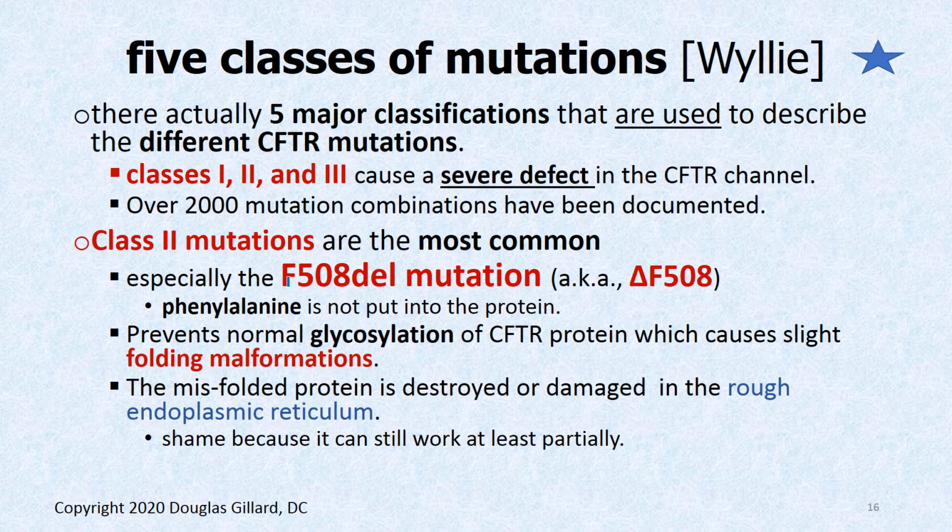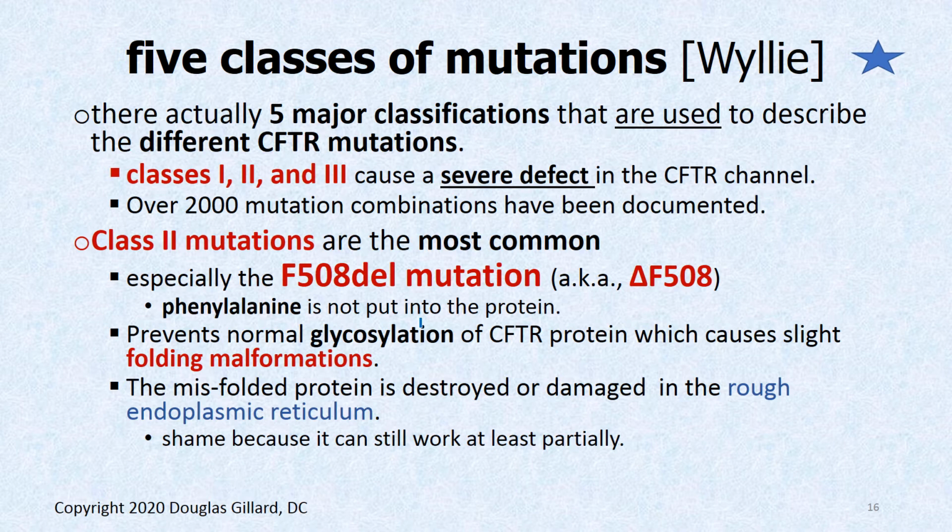F stands for phenylalanine because the messenger RNA does not contain instructions to place a phenylalanine molecule in the protein of the CFTR channel. Therefore, because it's missing one phenylalanine molecule, it ends up misfolding. Specifically, the glycosylation doesn't occur correctly, which causes the misfolding.